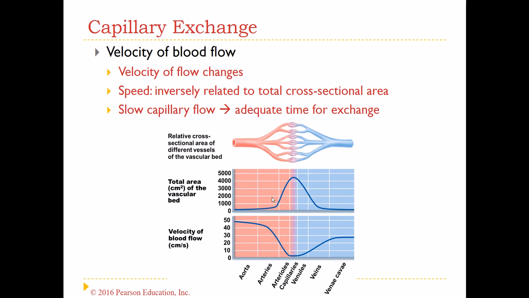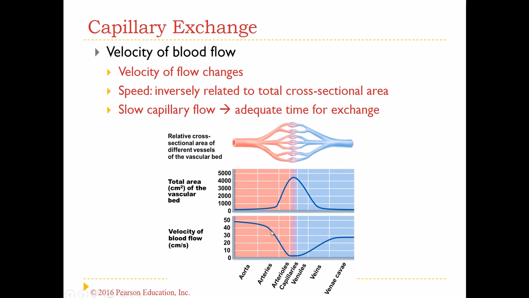We're not talking strictly about diameter here, we're talking about the total area of each type of blood vessel. And you'll see the aorta and the vena cava, since we only have one aorta really, and just the two vena cava, there's not really a lot of total area.